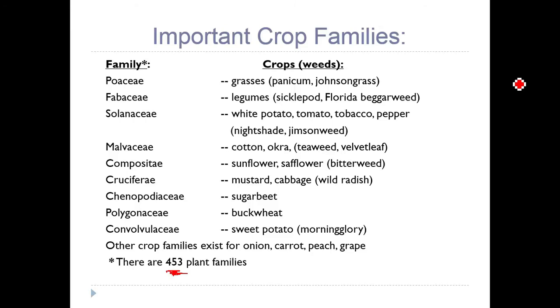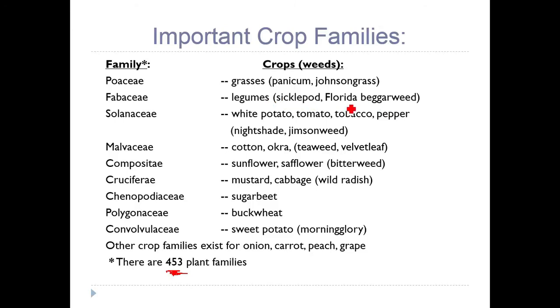Two plants that are closely related, in other words, in the same family, might be more difficult to manage with a selective herbicide. Second most important on the list is the family Fabaceae, or the legumes. The legumes include all the beans, the peas, many of our forages such as alfalfa, and weed examples are going to be sicklepod and Florida beggarweed.